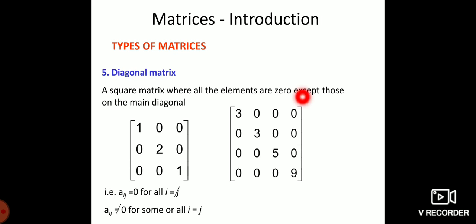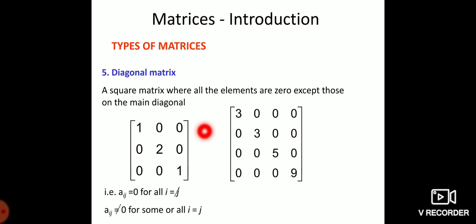The diagonal elements are A11, A22, A33, and the others are non-diagonal elements. The second matrix is order 4 by 4: A11, A22, A33, A44 are the diagonal elements and the other elements are non-diagonal elements.